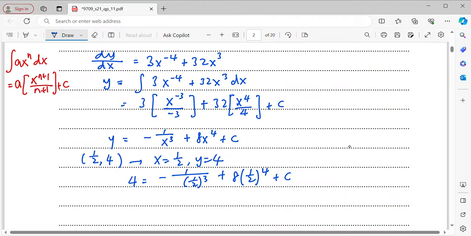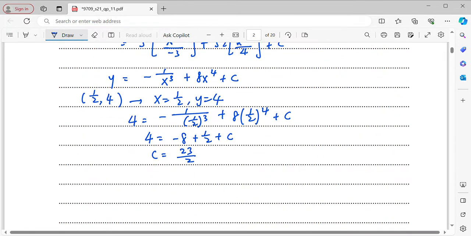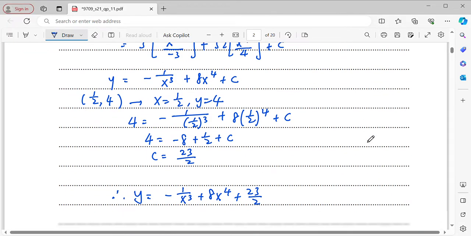Then from here, you'll be getting 4 equals minus 8 plus a half plus c. Therefore, the c is going to be 23 over 2. So at last, you will be getting y equals negative 1 over x cubed plus 8x to the power of 4 plus 23 over 2. So that's the solution of this question.